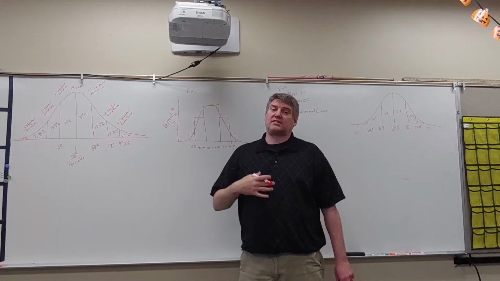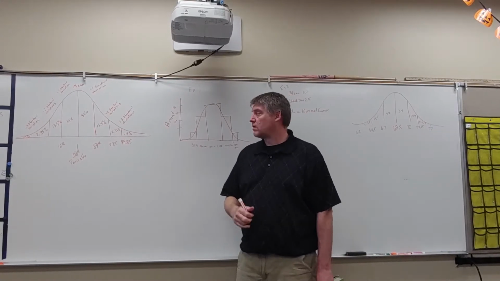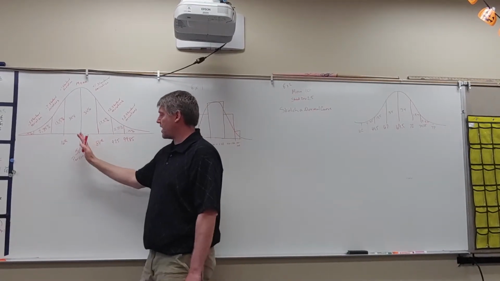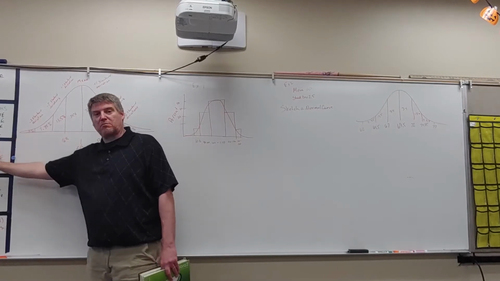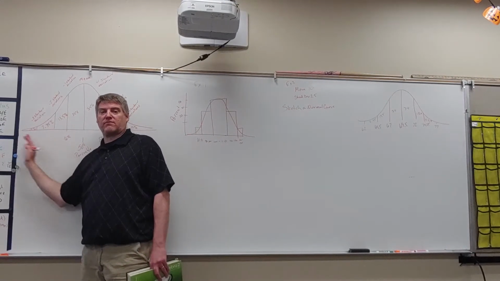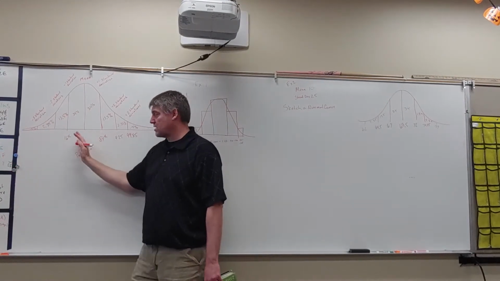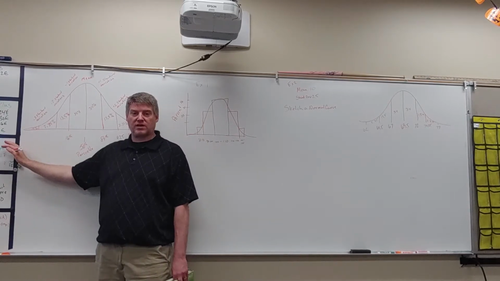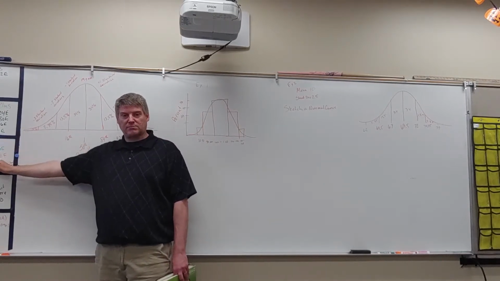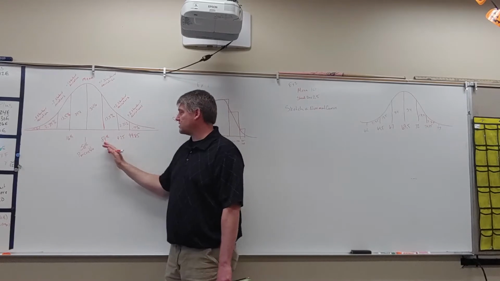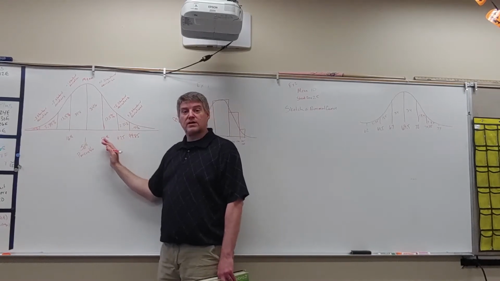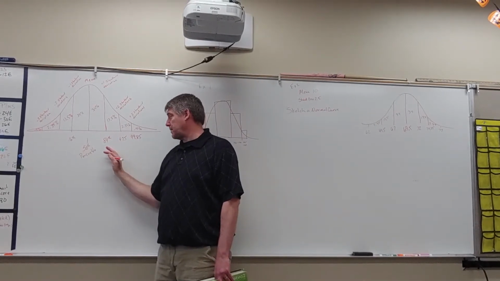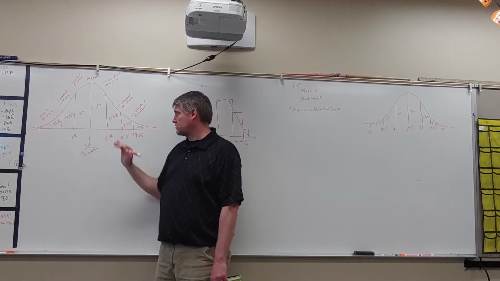If we look at this in percentile, we're going to look at how much percentage is above all of them. If we're at the mean, we're at the 50th percentile because 50% of your data is below. If I go one standard deviation above, that's the 84th percentile, so 50 plus 34.